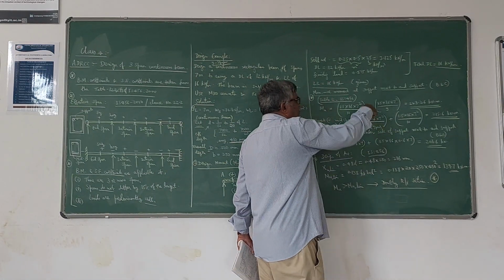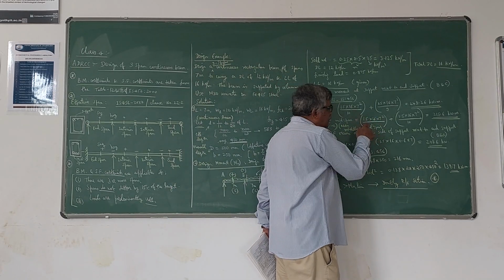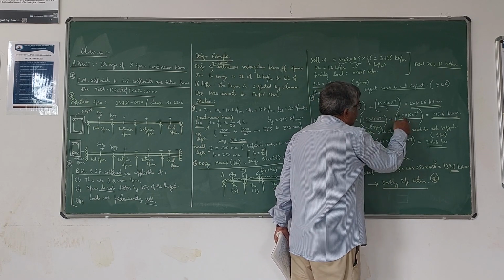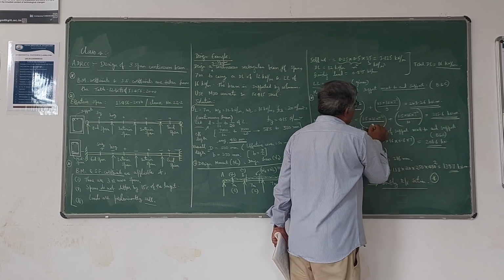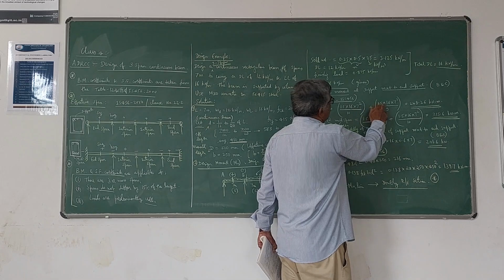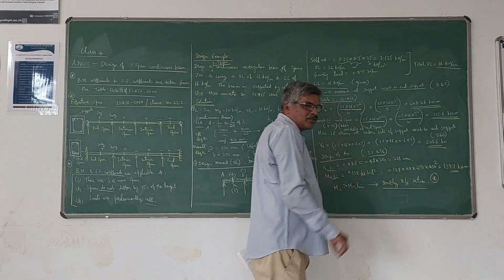So this numerator becomes the same, because due to dead load and live load fixed, this is the thing, and due to imposed load not fixed, this is the thing. So only the coefficients will differ. You can see that the numerators are the same here. Only the denominator values will change.